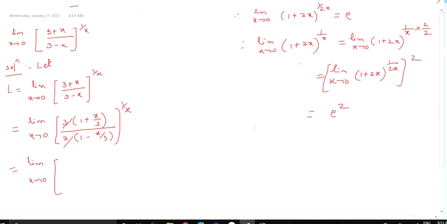And how can we adjust the term? That is, first write the terms separately. In both the terms we have x by 3, but the signs are opposite. So we have to separate the numerator and denominator like this, due to this negative sign, raised to 1 by x. And as I have just explained in the neighboring example, we have to adjust this index by multiplying and dividing.